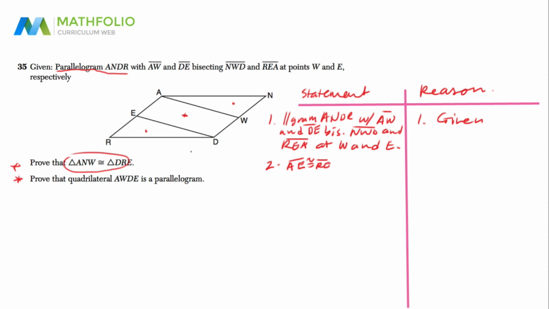And also we know that, let's just see, not only do we know that AE and RE are congruent, but we also know DW and NW. DW segment and NW segment are congruent.